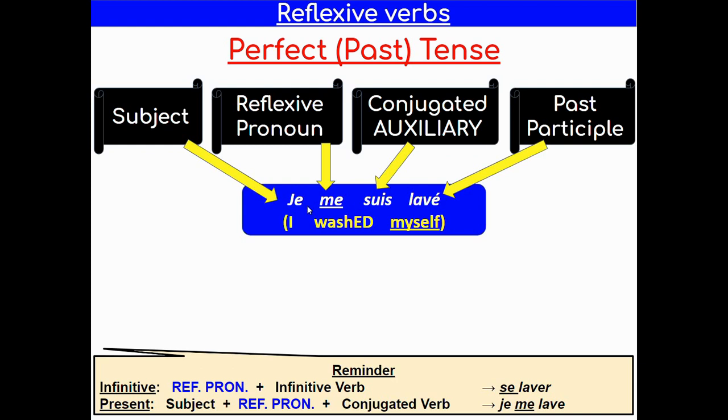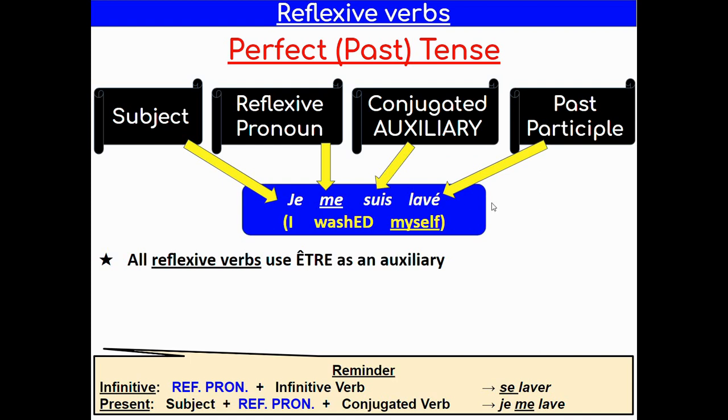So, je me suis lavé: subject, reflexive pronoun, and then your verb, which is made out of conjugated auxiliary and the past participle. Okay? A good tip is that all reflexive verbs use être as an auxiliary. So, laver on its own, if you find it in a dictionary, it's a regular verb.